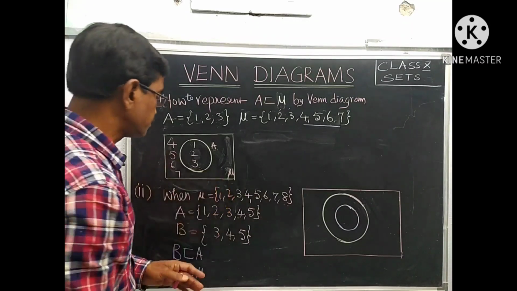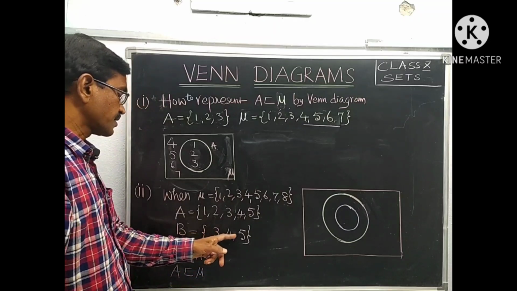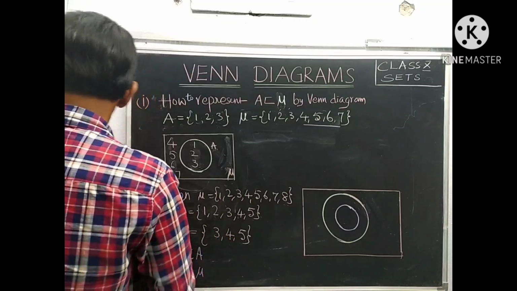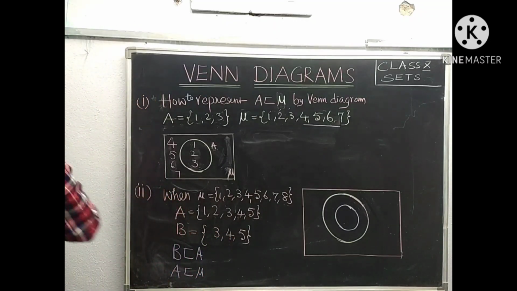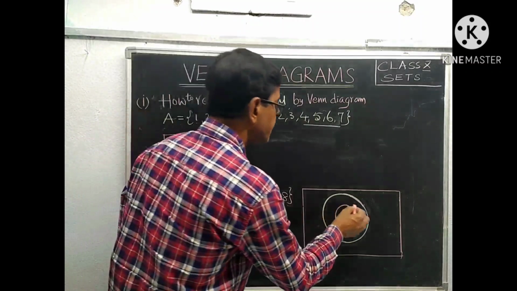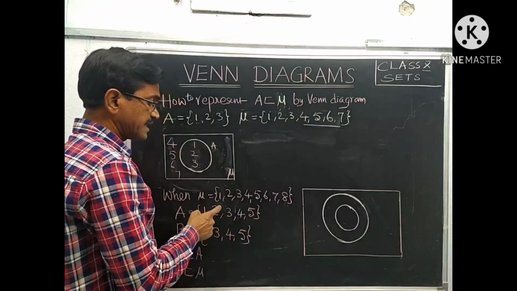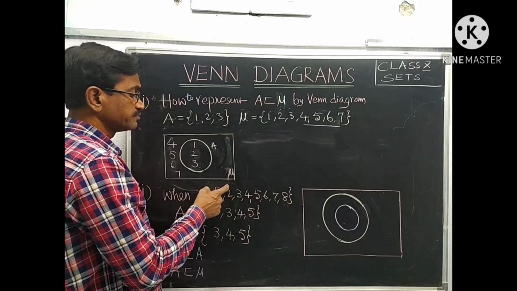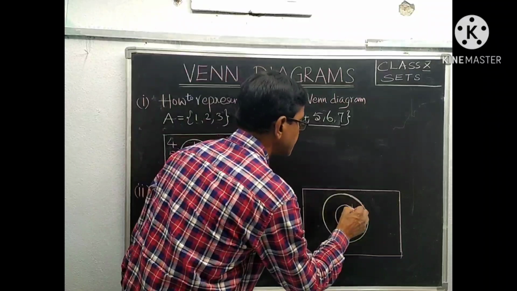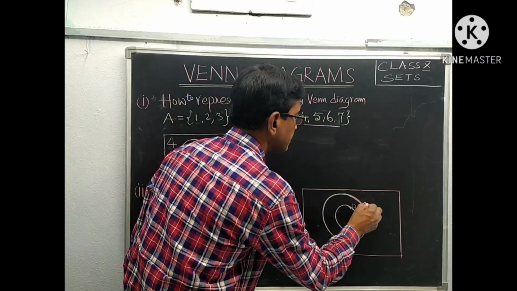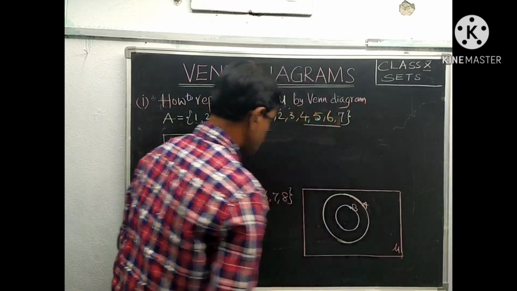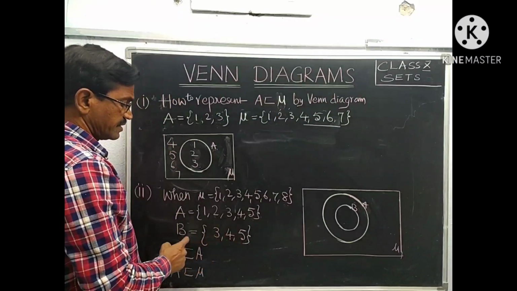First of all, we have to write the elements of B. So what are the elements in B? 3, 4, 5. So B lies inside A, which lies inside μ. So write B inside first. Here A, here μ.